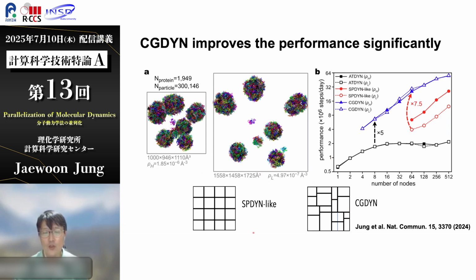Using this domain decomposition scheme, we can have much better performance than the simple parallelization scheme. And by using this way, from this to this, we can obtain even better performance results. If we apply the simple way, these two systems give different performance results. But by properly making use of our scheme, these two systems have similar performance results.